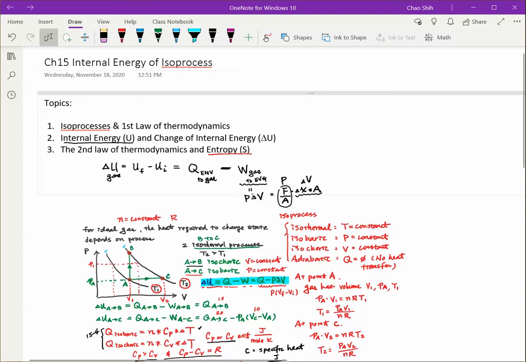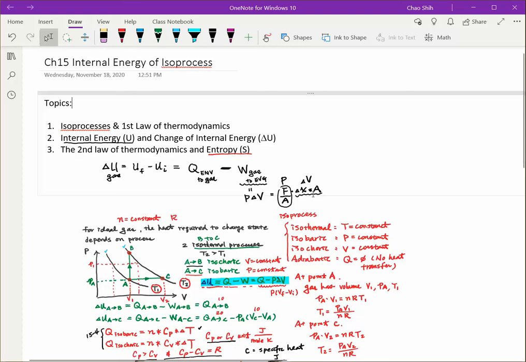If you want to use this equation, it is actually based on our definition, the F times the change of X. So look here, we have a force times the change of X, which is the displacement.